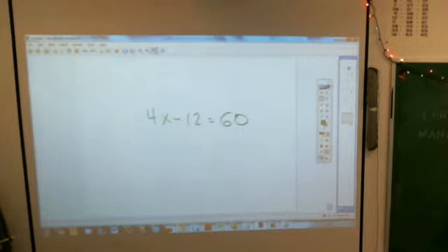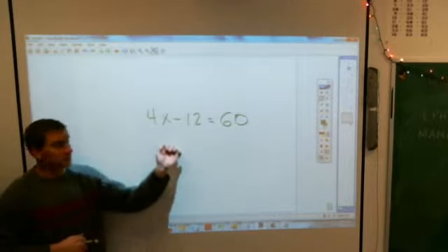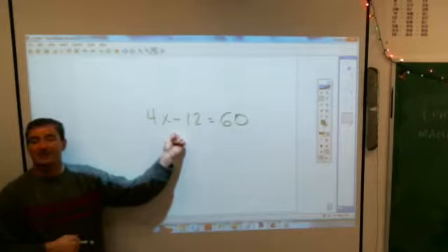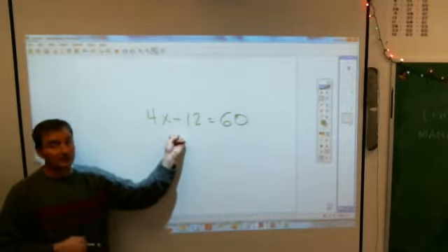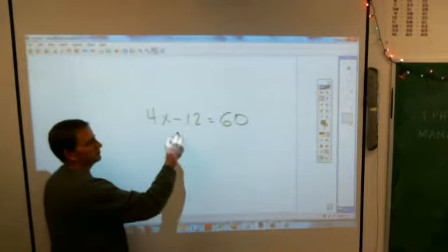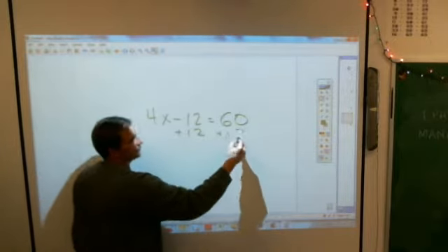You subtract 12 from 60. No. You're thinking opposite. You're close, but you're a small operation away. This is subtracting 12. So what's the opposite of that, Carter Westfall? What's the opposite of subtracting 12? You don't subtract 12, you actually add 12.